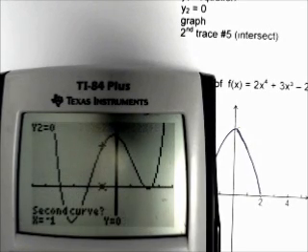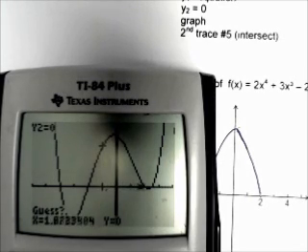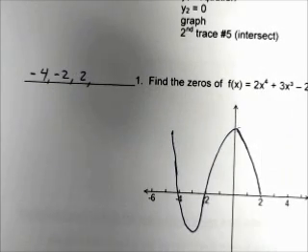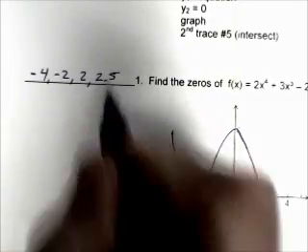First curve, enter. Second curve, enter. For the guess, I'm going all the way over to the right. I'm going to get this point right there. And it's okay if I go beyond it. And there it is, 2.50. So our fourth zero there is 2.5.